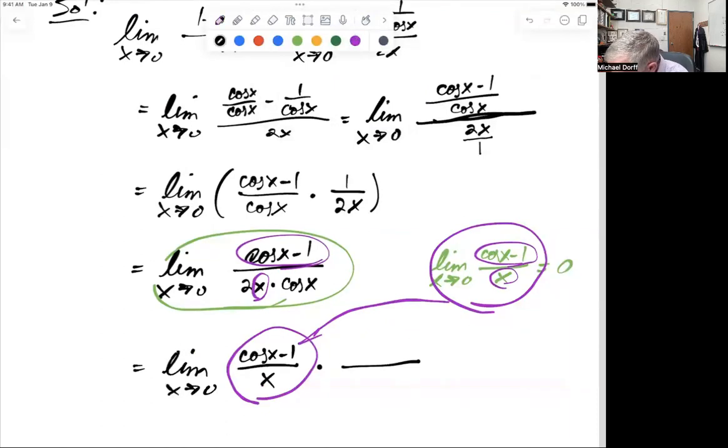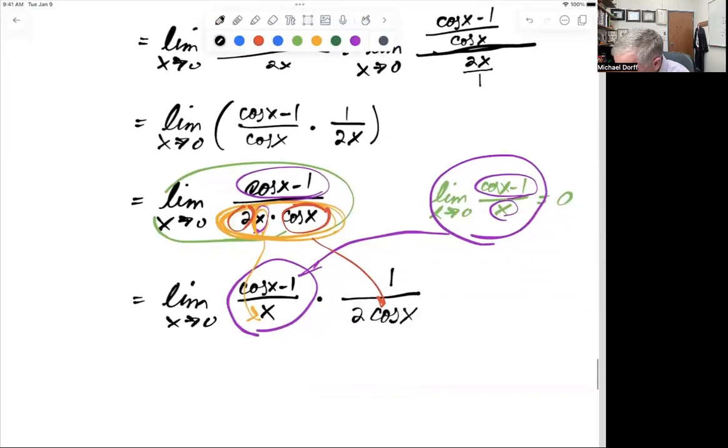If I take an x out, then what am I left with in the denominator? I've got 2 cosine x. Because if I take that x out here, I'm left with, in red, the cosine x and the 2, and that's what goes down here. But what do I have in the numerator? Well, I've taken everything out of the numerator, so I'm just going to have a 1 left there.